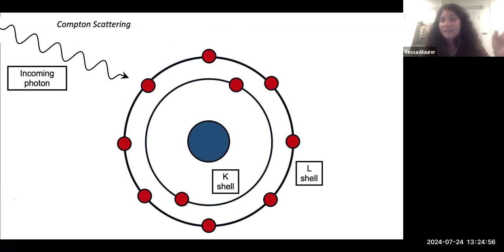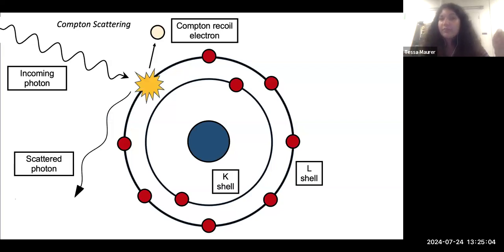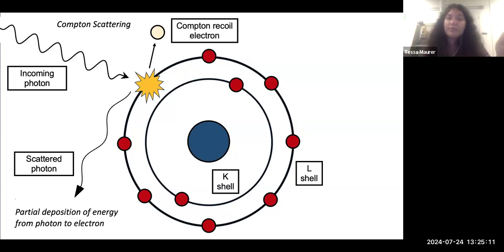But Compton scattering, right? This should be a recall. An incoming photon hits an electron, say in the L shell, and we get the Compton recoil electron and a scattered photon. But this will only partially deposit the incoming photon's energy to that recoil electron, so it's not a full energy transfer at all.